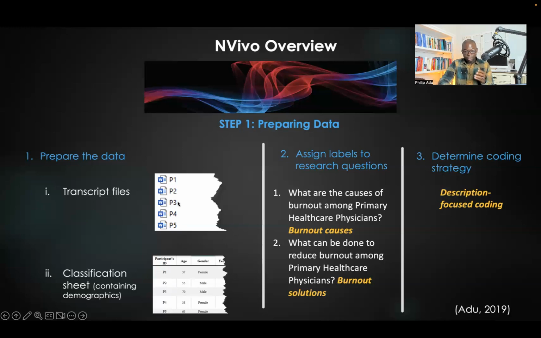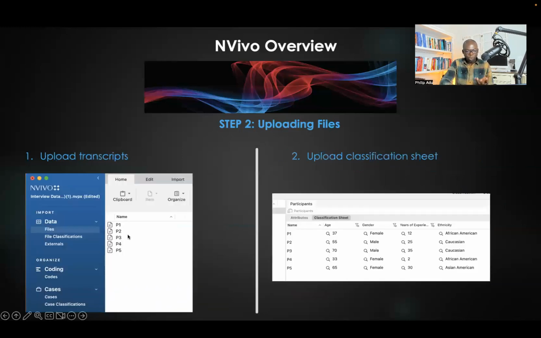If you use numbers and letters, the same thing here, so that when you import the demographics, the system can match participant demographic information to their transcript. So you see here that I've uploaded the transcript into NVivo. I have also uploaded the classification sheet, the Excel spreadsheet that has participant demographics.